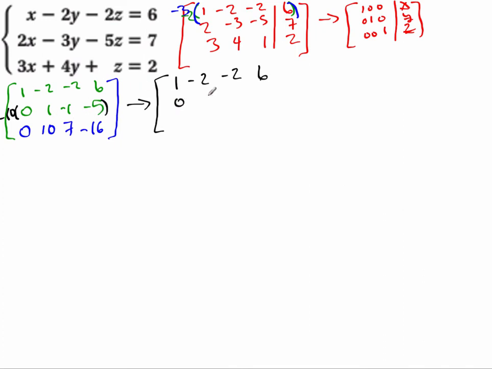And I'm going to leave my second row. When I multiply this one by -10, -10 times 0 is 0, plus 0 is 0. -10 times 1 is -10, plus 10 is 0. -10 times 1 is -10, plus 7 is -3... -10 times -5 is 50, plus -16 is 34.